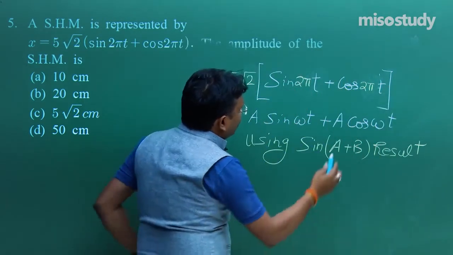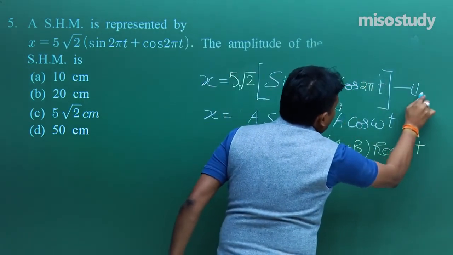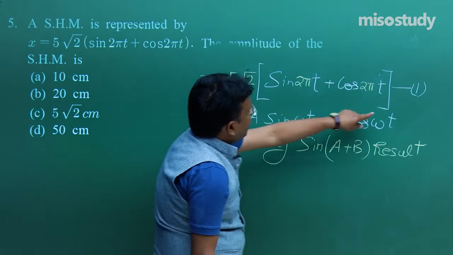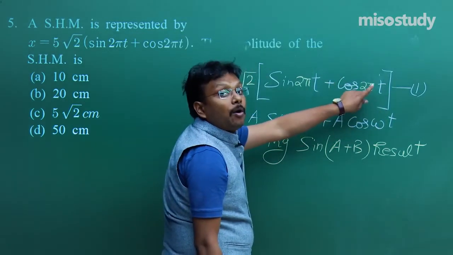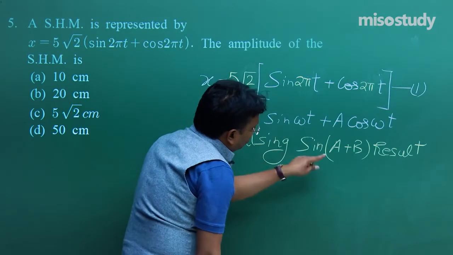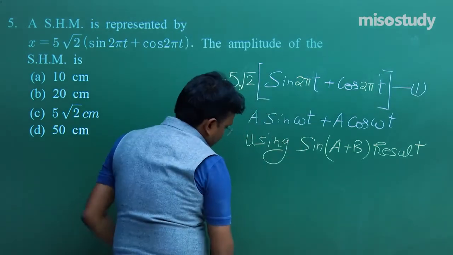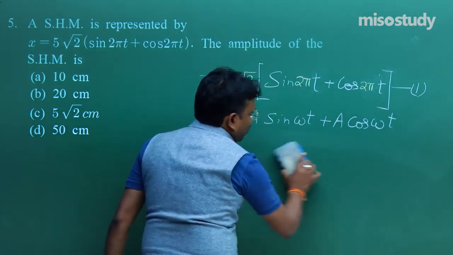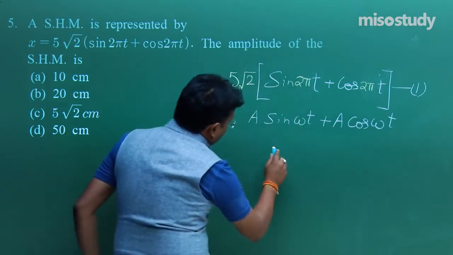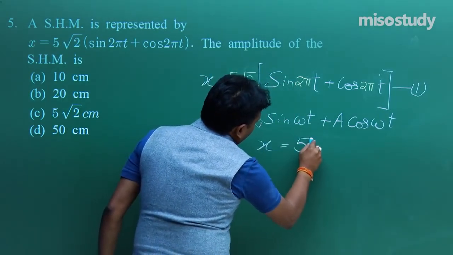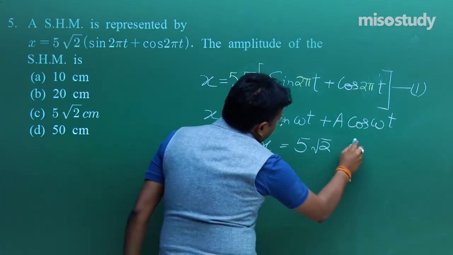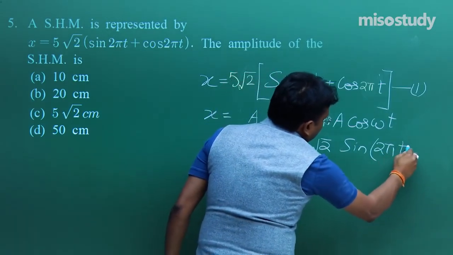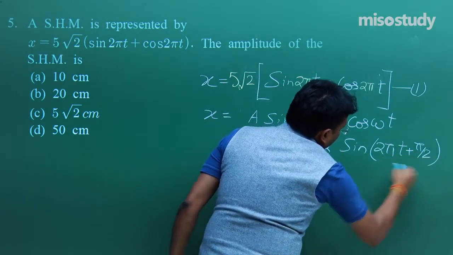Fine. So now let's say the name of this beautiful equation is 1. So using this result, if I want to write down the final expression for equation number 1, then I am providing that final result. Okay. So the final result is x is equal to 5 root 2 sine (2 pi t plus pi by 2).